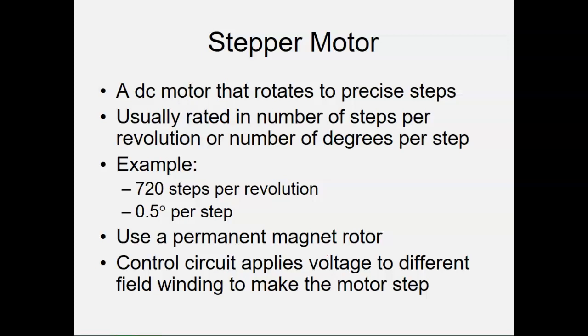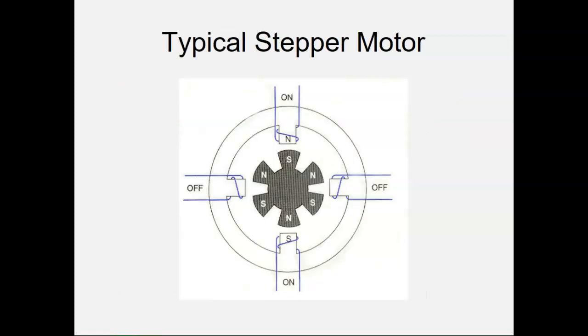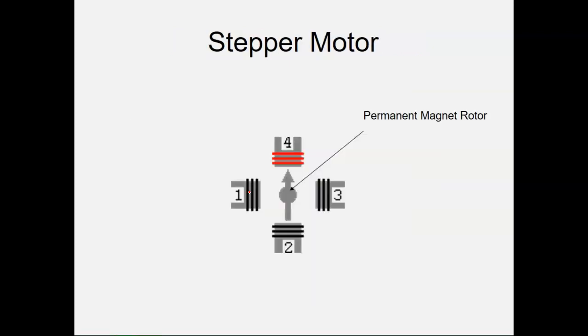So essentially every time you apply voltage, this thing goes over another step. Okay? All right, this should give you a good example. This is a good example of a stepper motor. It moves in steps. Does that make sense?